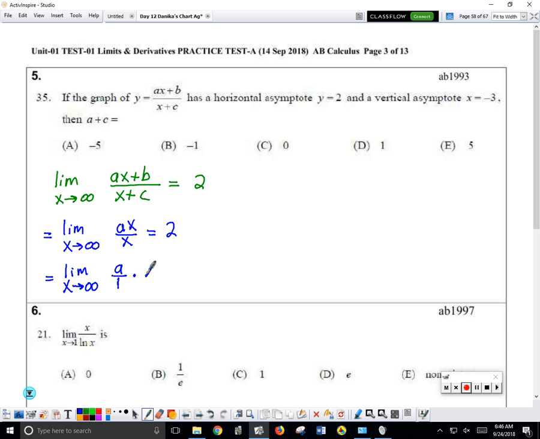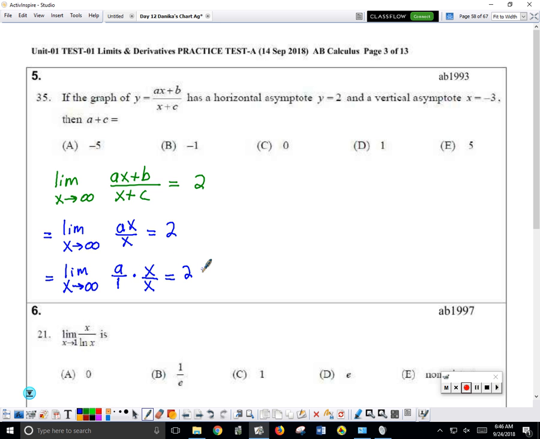What made you do a over 1 and x over x? I want to isolate this because this is one of those special fractions. What value does this fraction have, Preston? 1. It does not matter how large x becomes, this fraction will always equal 1.